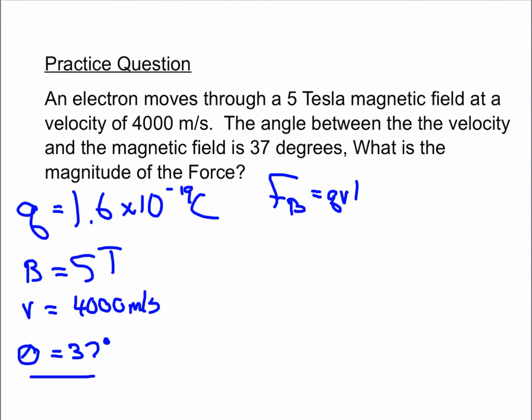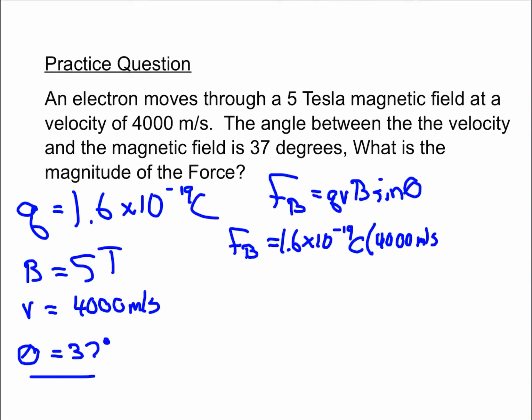And they ask for the magnitude of the force, so we're just going to say FB is equal to QVB sine theta. FB is 1.6 times 10 to the negative 19 coulombs, V is 4,000 meters per second, B is 5 Tesla, and sine 37 degrees.